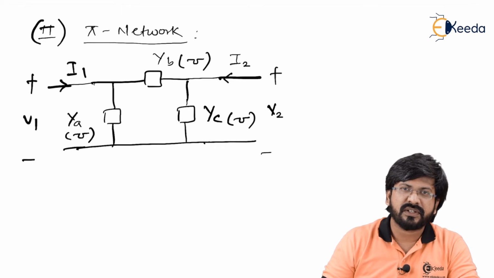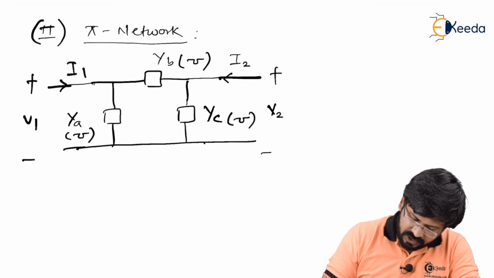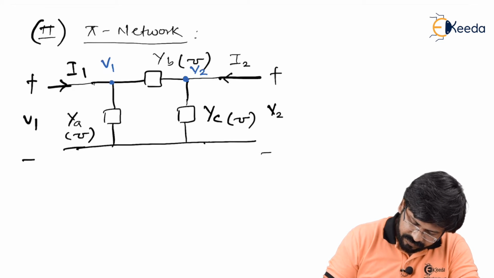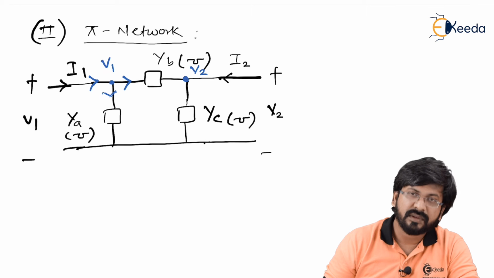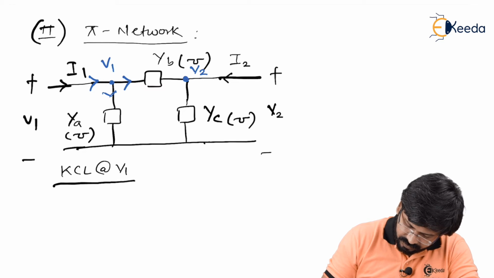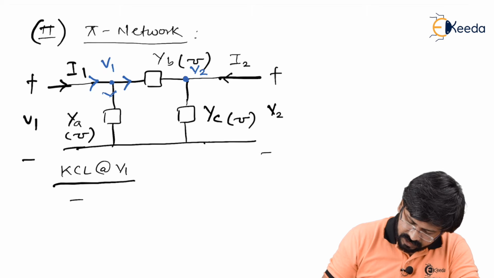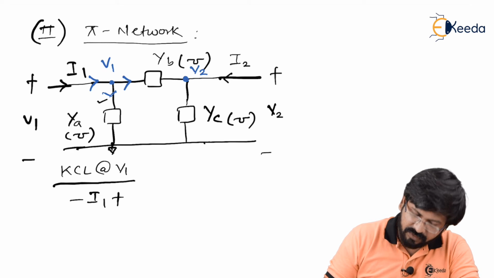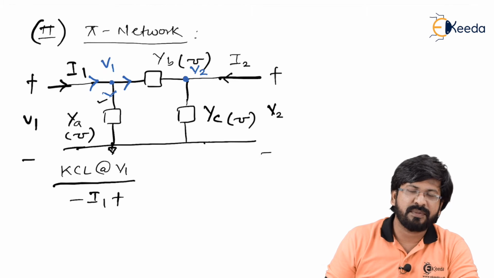For calculating Y parameters, we go for KCL, like for Z parameters we go for KVL. So assuming this node as V1, this node as V2, as you can see I1 is incoming, but let's assume these two currents as outgoing. Let's apply KCL at the V1 node now. At the V1 node I1 is incoming, so we'll go for minus I1 plus the second current, which is V1 minus 0, but this time it is not impedance, it is admittance.